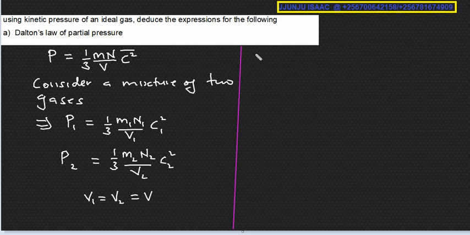So we shall say P1 plus P2 will be equal to, now we shall get a third times 1 over V. Then we shall have a third times N1 M1 over V plus a third times N2 M2 over V, and this is mean square. Even here we have a mean square.